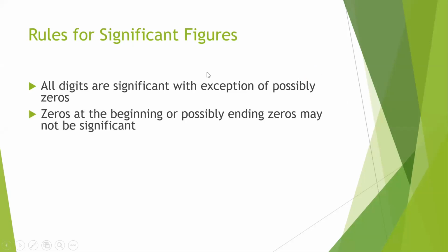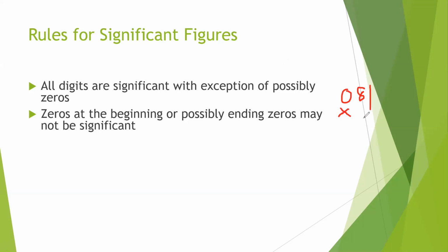Our next rule is the only hard part about significant digits: the zeros. Zeros at the beginning of the number or zeros at the end of the number may not be significant. So what does beginning of a number mean? If you have something like 081, we have a leading 0 here, and it's not significant since it's leading.